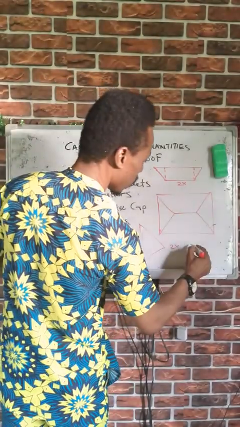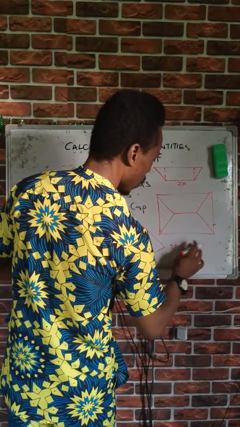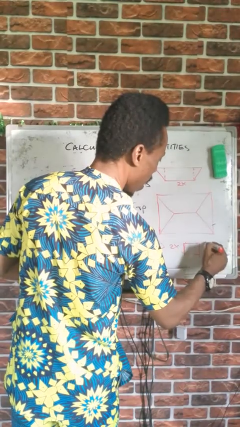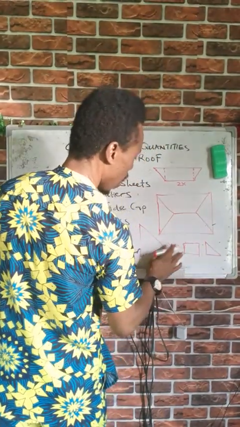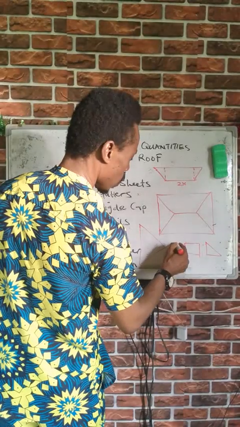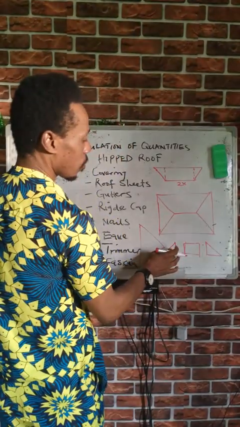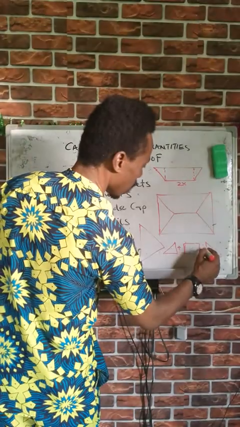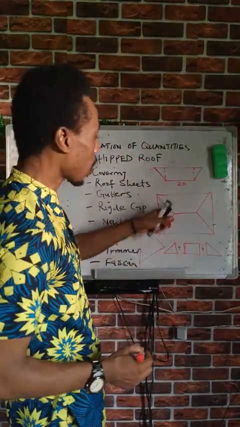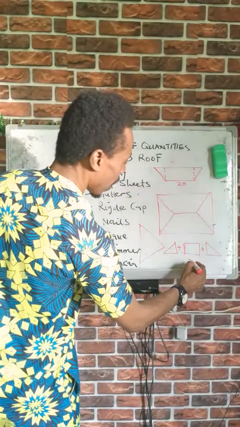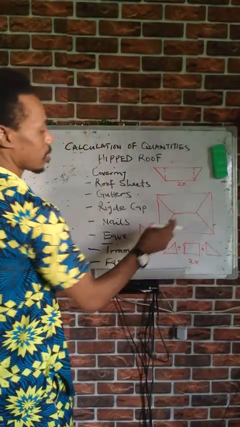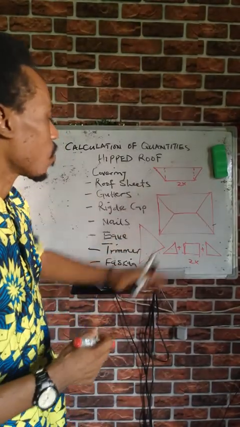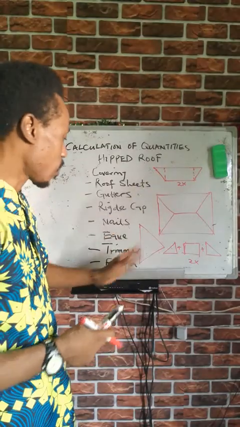So here becomes in this form, then you have this as well, and this way too. Now you get the area for this, this, and this, then you add. When you add it, it becomes one side, then you multiply by 2 for the other side. When you do that, you get the total area of this roof with this pattern.